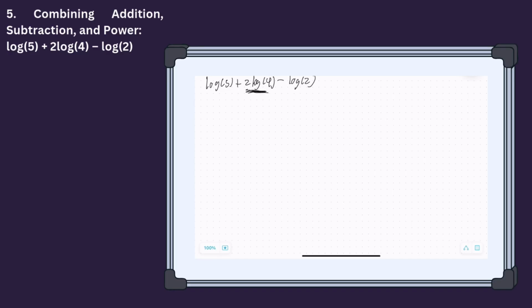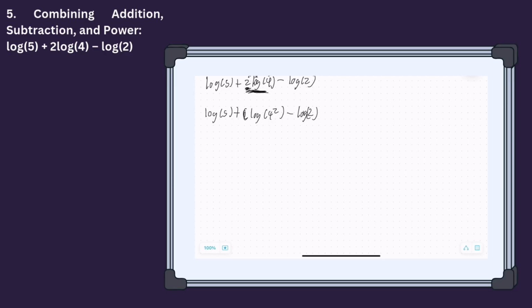You can notice there's a 2 before the logarithm. So what do we do with it? We use it as the exponent of 4. So log 5 plus log of 4 raised to the power of 2 minus log 2.